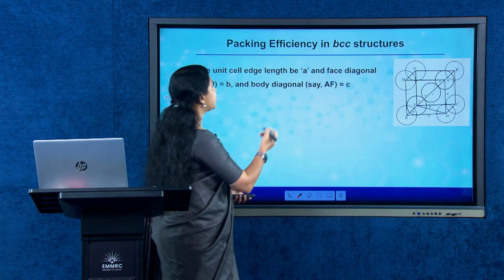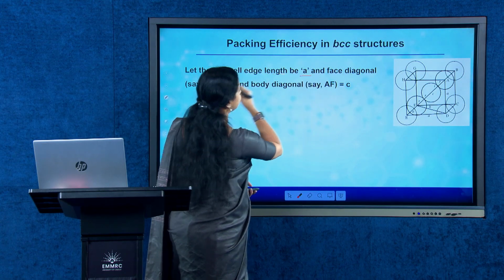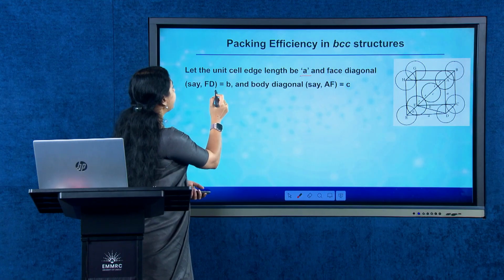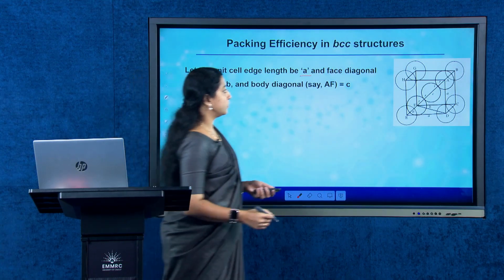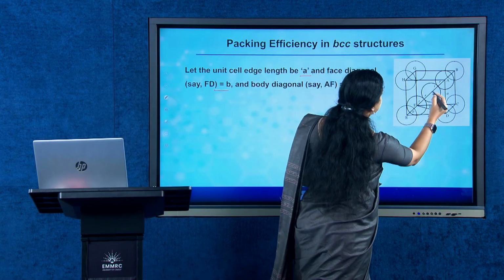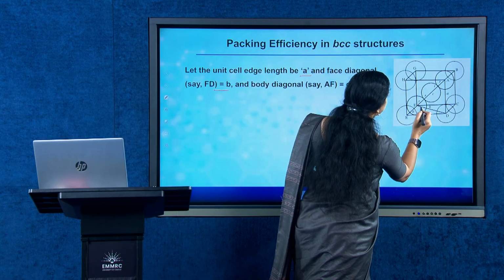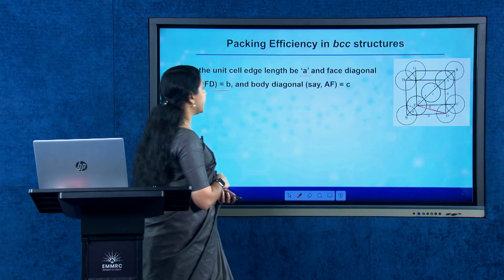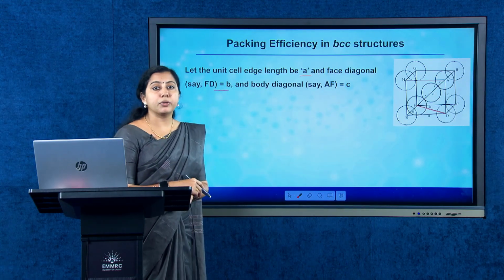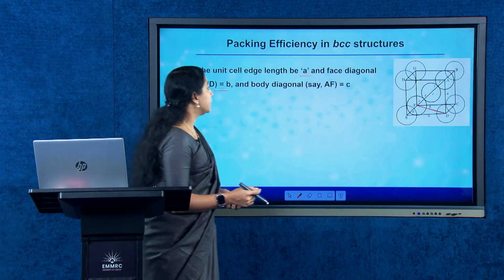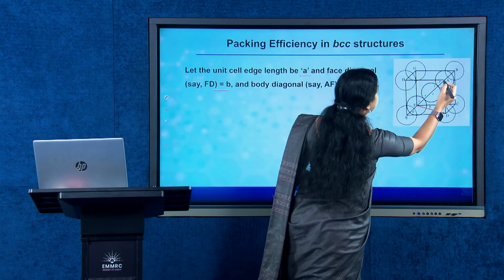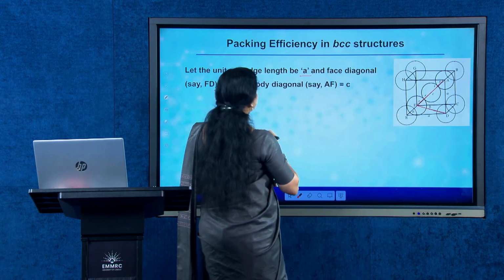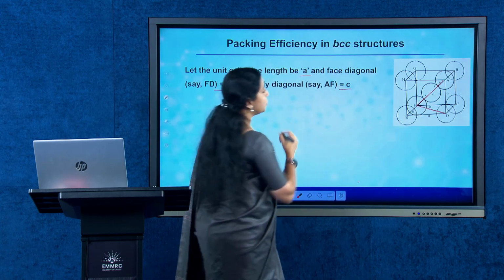Let the edge length be A and the face diagonal, say FD, equal to B. If you consider this face, the face diagonal is FD, denoted as B. We have also represented a body diagonal. The body diagonal is represented as AF. Let AF be equal to C.